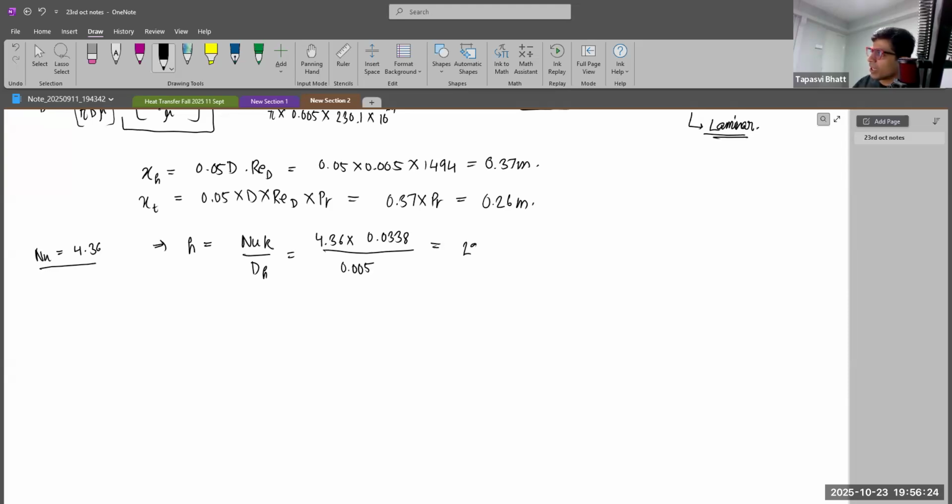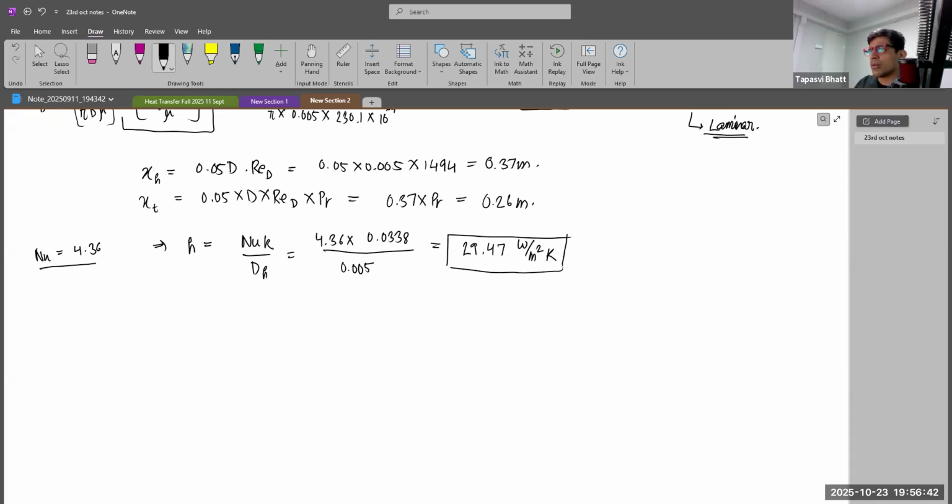This gives us 29.47. What is the unit? Everything is in SI, so watt per meter square Kelvin or degree Celsius. Once we have this h, the problem becomes very simple.